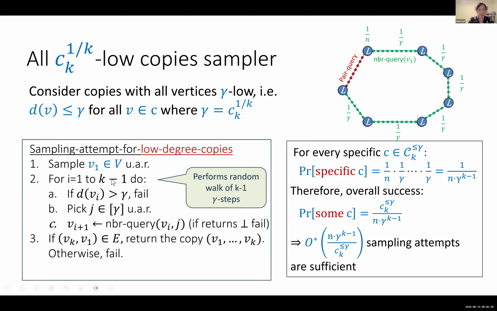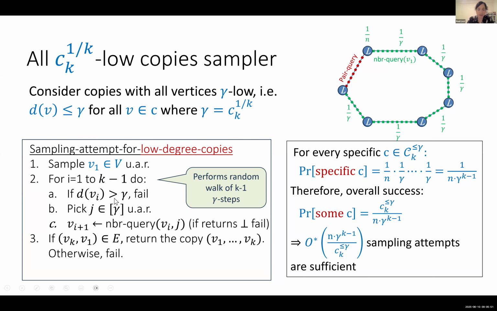More precisely, in each iteration, we consider the current vertex. Initially, the current vertex is V1, the vertex that we uniformly sampled from the graph. Then we check if the degree of the current vertex Vi is at most gamma.